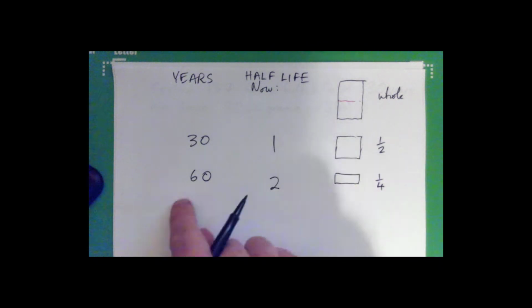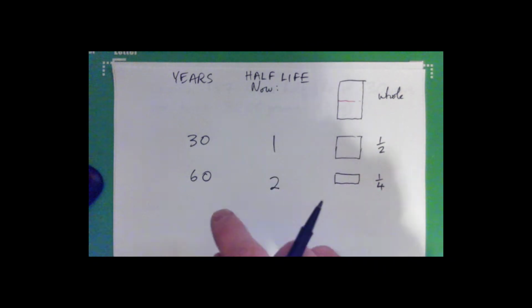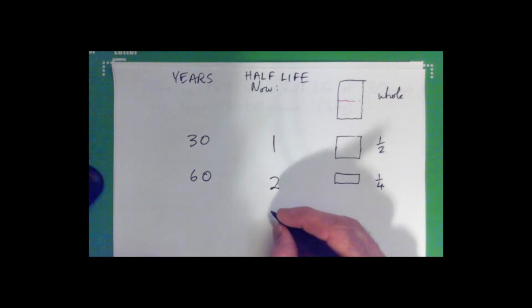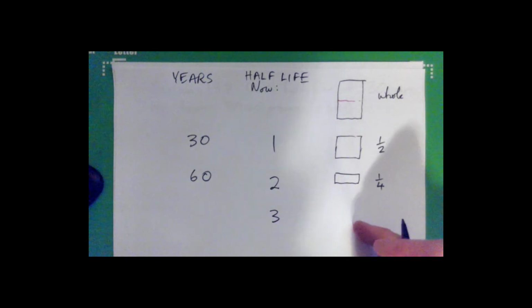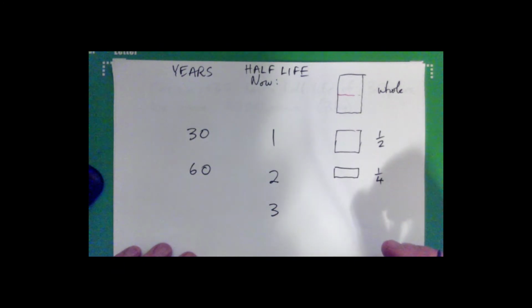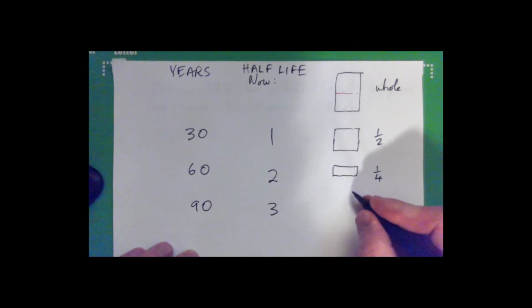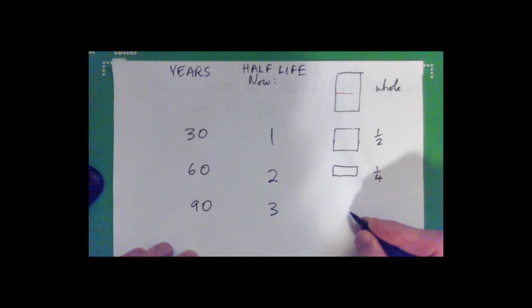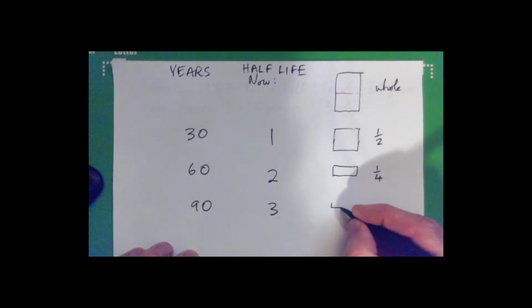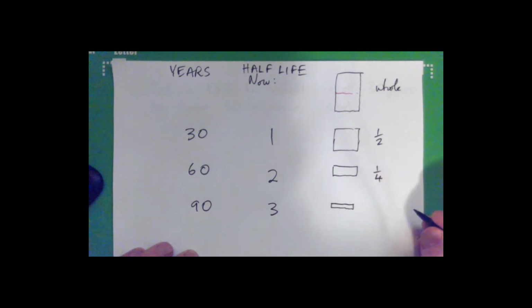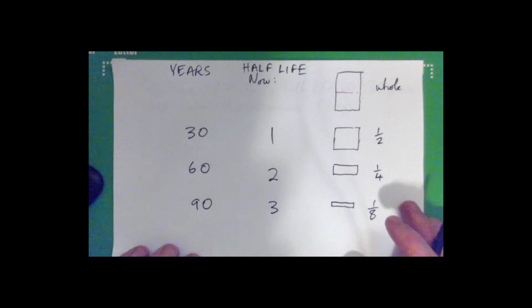Now, somebody give me the next line. Walk me through it. In how many years' time are we going to have the third half-life, and what will be remaining? 90 years. Beautiful. And what do we have over here? 1/8. Yes, because it's a half of a quarter. 1/8. Beautiful. Just for fun, do another one.